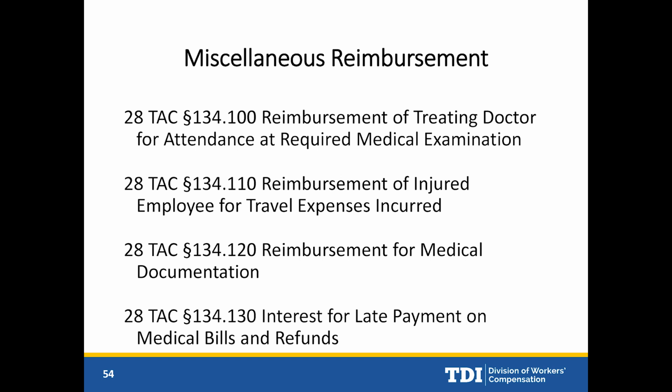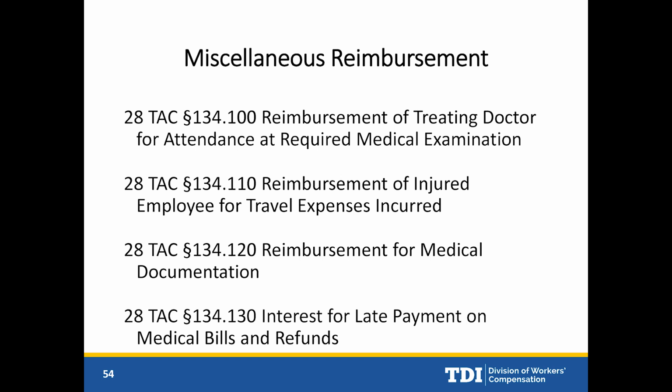Reimbursement for medical documentation. And we talked about medical documentation when we talked about billing. When you are providing the first copy, you're providing medical documentation with your medical bill. There is no reimbursement for that. However, if you are asked for copies of that documentation that you've already provided, you can request reimbursement for those copies.